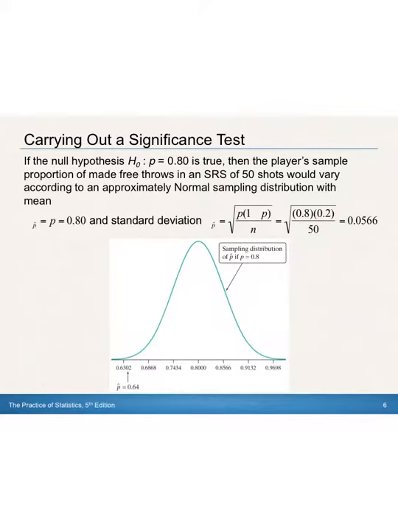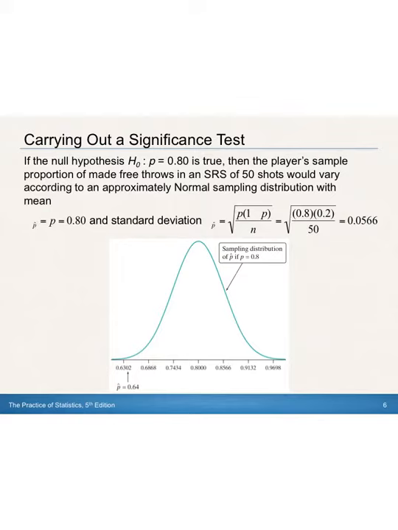Okay, so we would check to see that the large counts condition is met, which means that the sampling distribution is approximately normal. It does in this case. We had more than 10 successes and more than 10 failures. So we can go ahead and build a distribution based on that 80%.